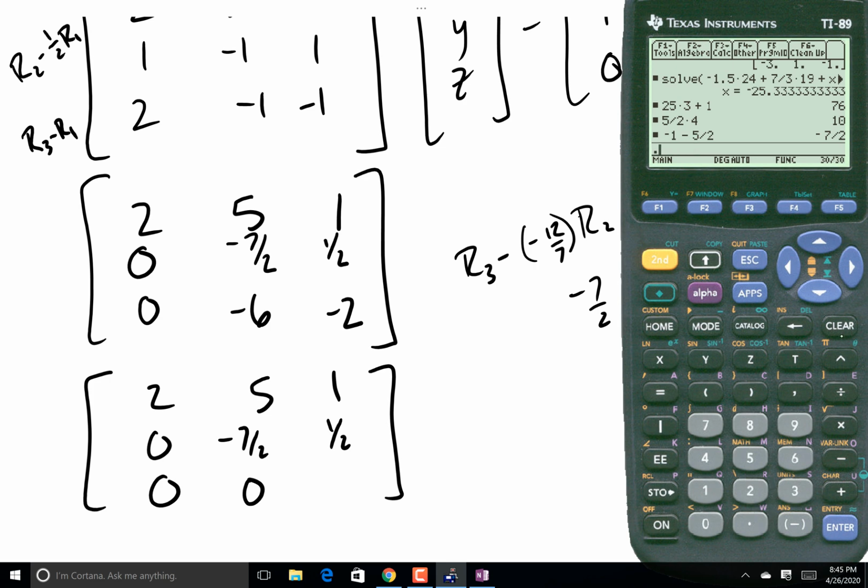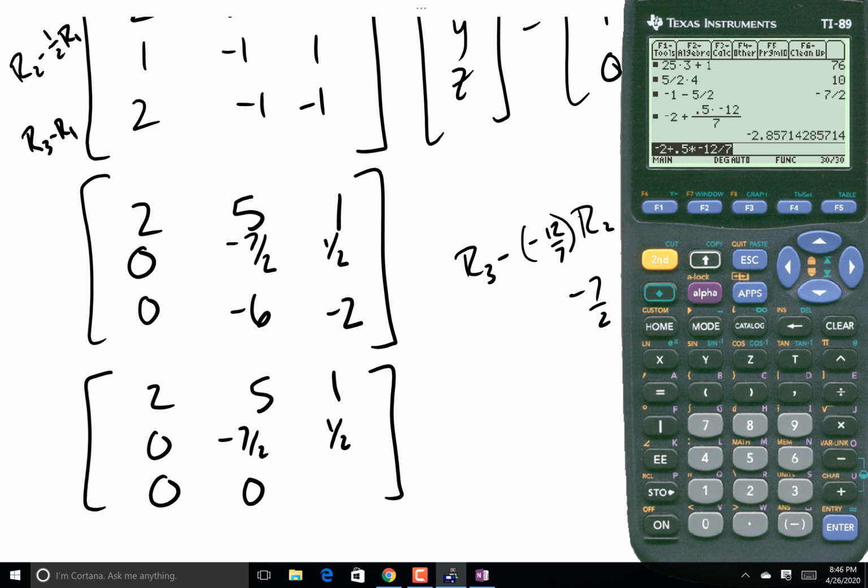No, I'm not. What am I doing here? I'm taking R3 minus that. So it's going to be negative 2 plus 0.5 times negative 12 sevenths. No, plus 12 sevenths. Okay, remember, you're multiplying by, no, it's negative 12 sevenths. You screwed up, Jay.